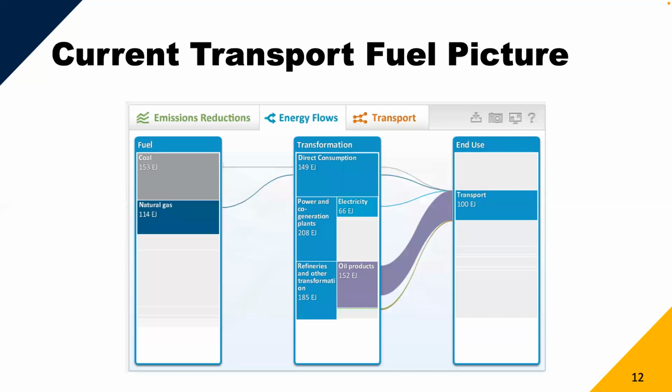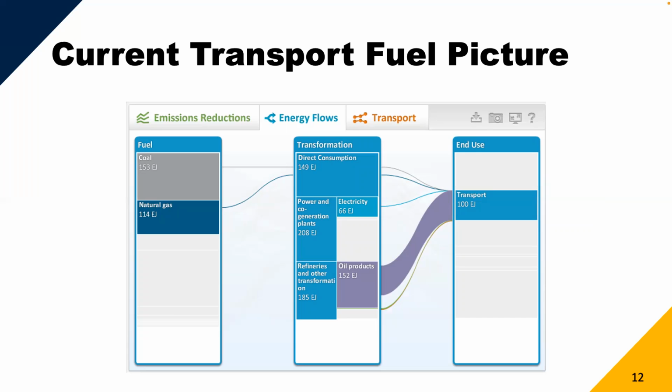Okay, what does transport fuel look like today? Here we can see end-use transport. The bulk of it is coming from oil products. This is a version of a Sankey diagram.